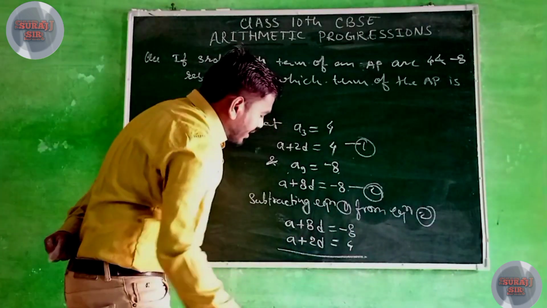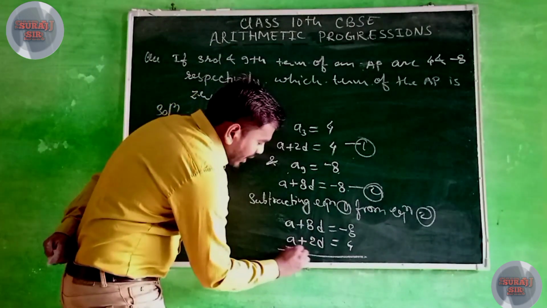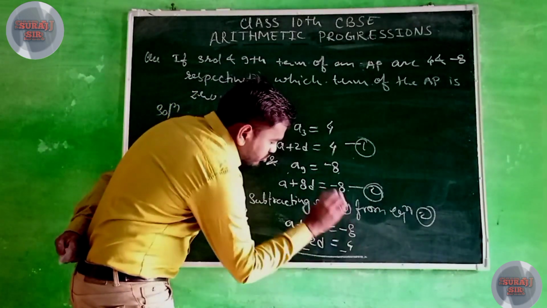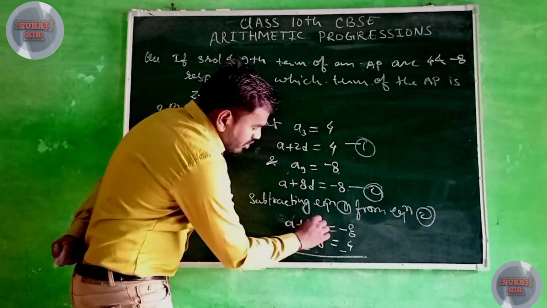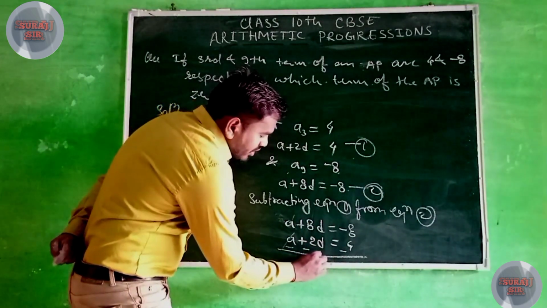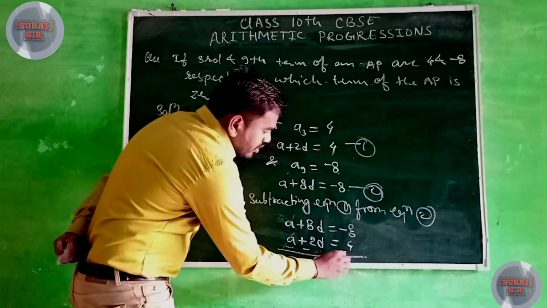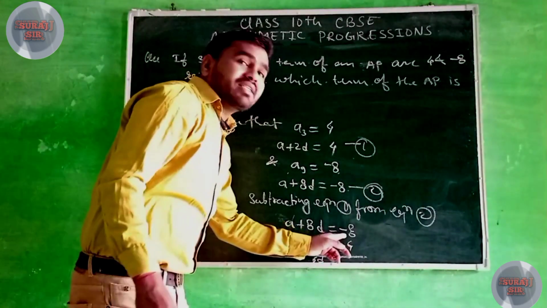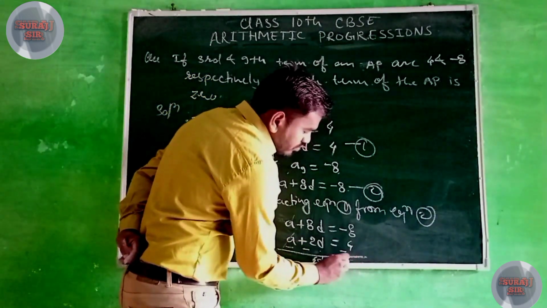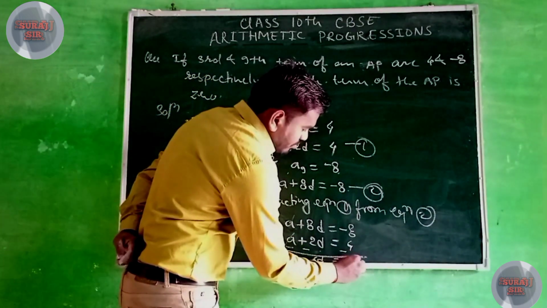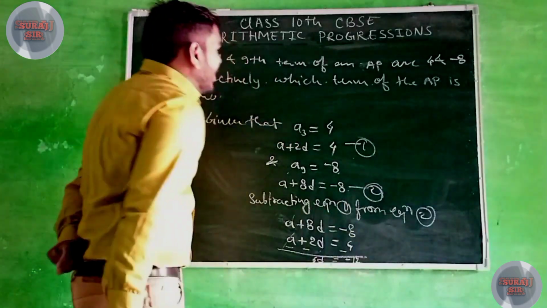Now we need to subtract, so just change the signs. Minus, it is also negative. So A cancels out. What we get? 8D minus 2D is equal to 6D is equal to -8 minus 4, which becomes -12.